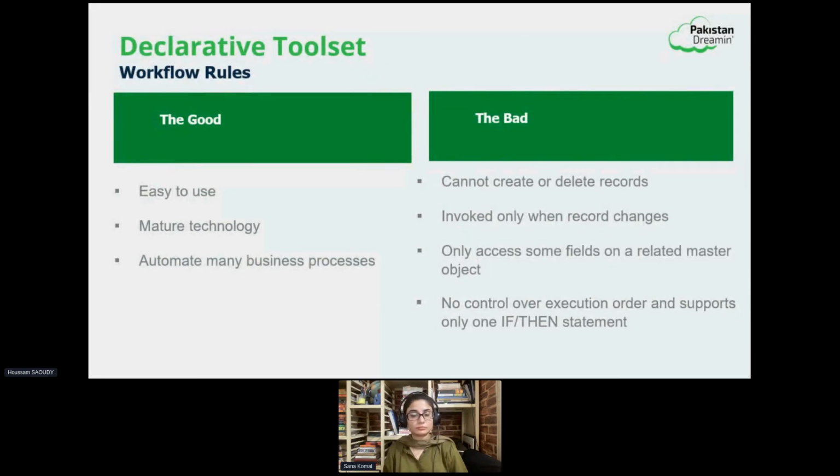The save button must be engaged, either on creation or edit of records. You have no control over execution order of workflow, and it only supports one if-then statement. For many users, that causes a lot of workflows to have to be created to meet business needs.